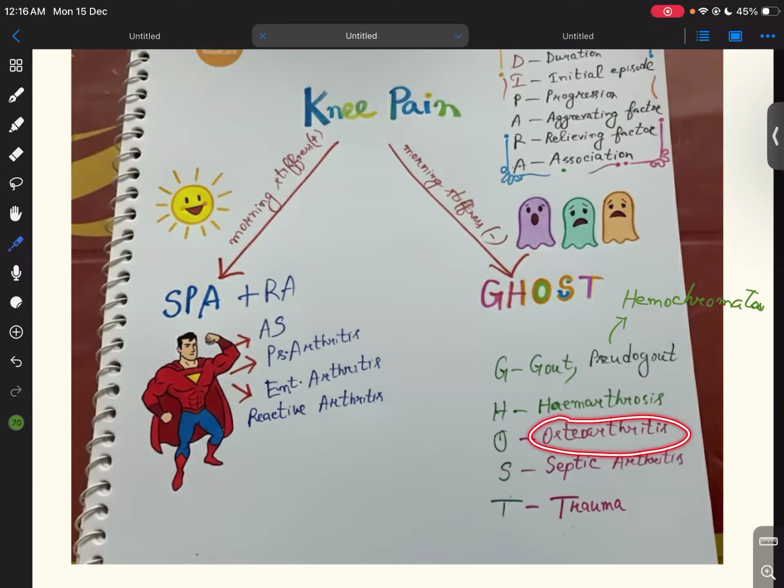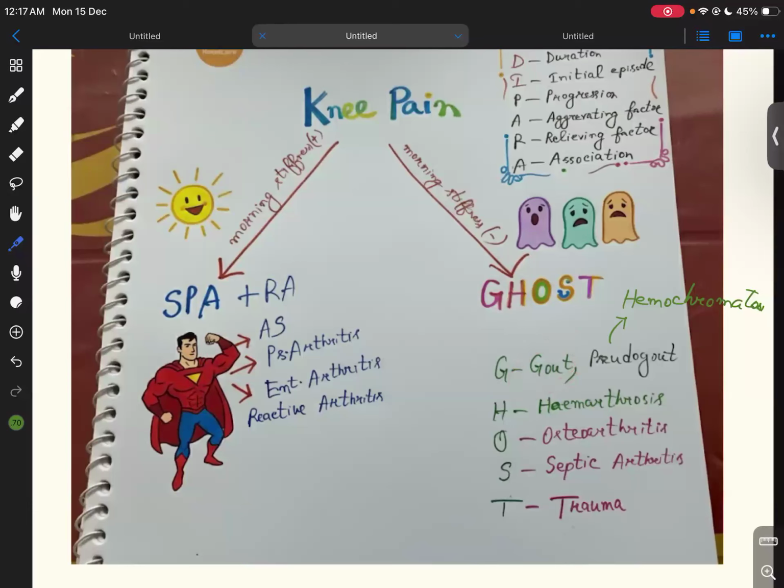But against that, from the physical examination, I did not get any crepitation. You have to feel for crepitation, and this is explained in detail in the physical examination video. This can be septic arthritis, but against that, the temperature was not high. This can be trauma, but against that, there is no history of injury. This can be due to gout, but against that, I have not got any history in the form of dietary history or medication history or any affection of kidney function, which can point towards gout.